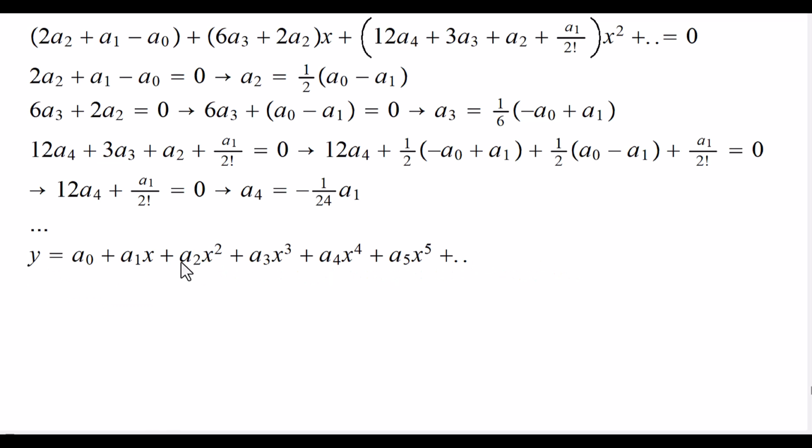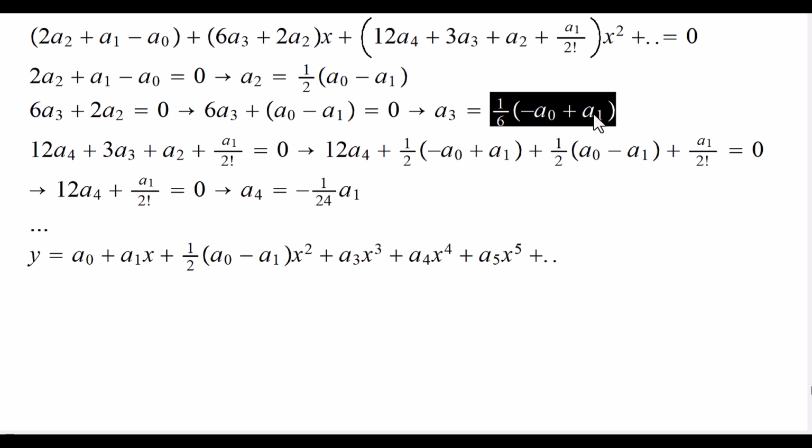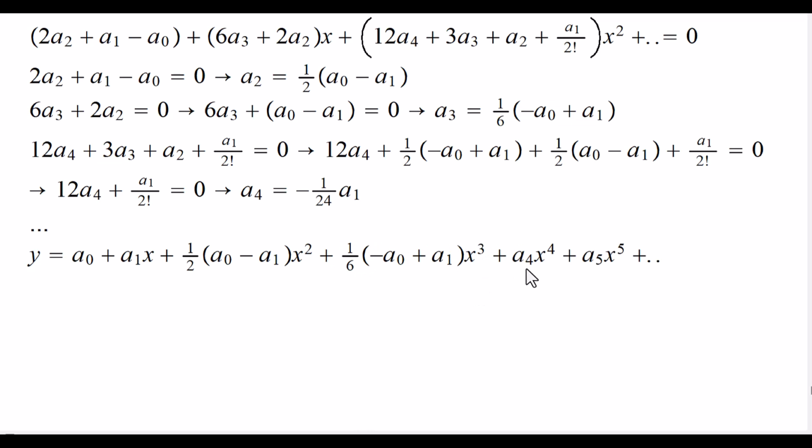So we have A0 plus A1x, and then for A2 we got that in terms of lower terms, and for A3, A3 is right here. So we have the series solution written in terms of just these two quantities, A0 and A1. So giving them different values is going to give us different series, all right, and we can go up in higher terms knowing that it is convergent.